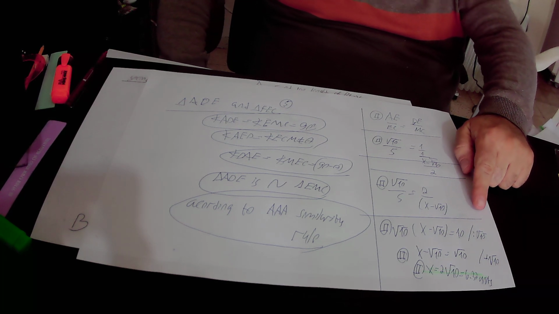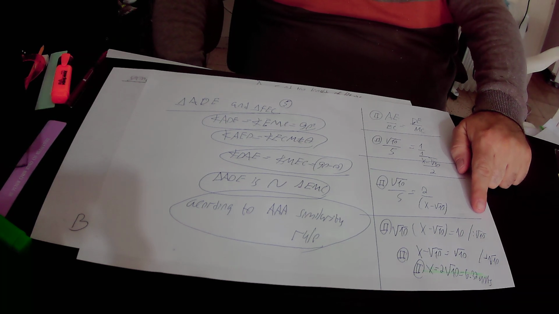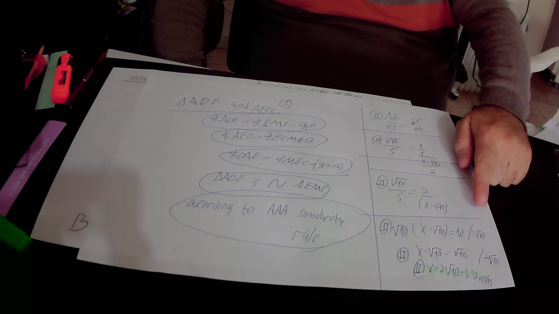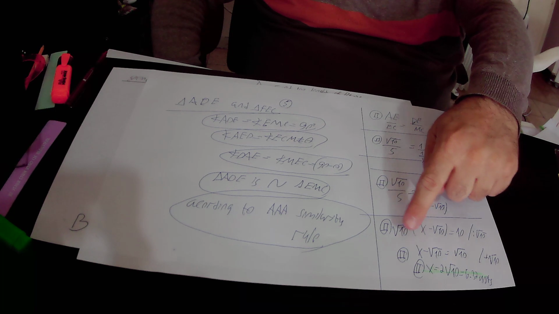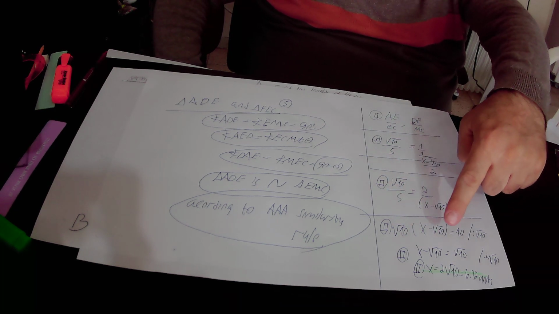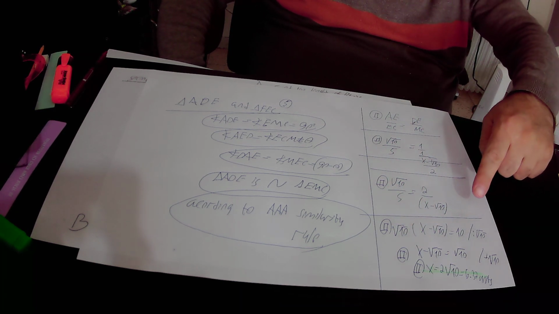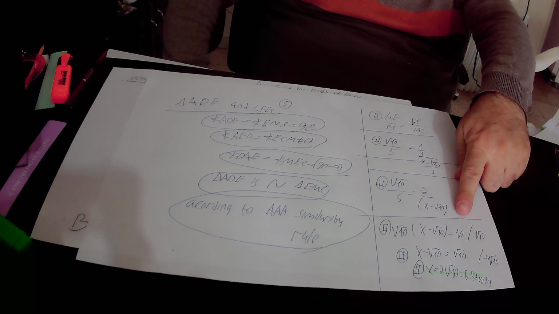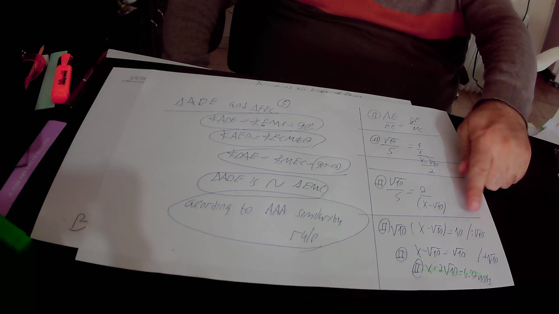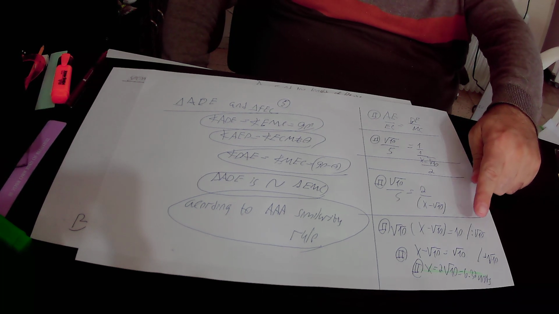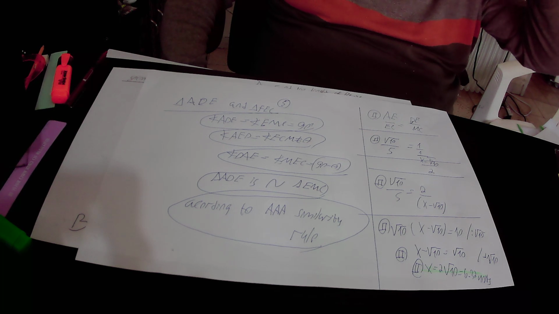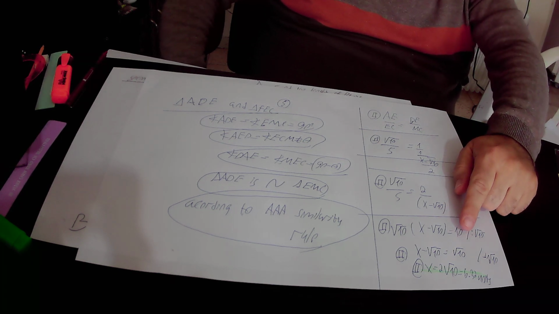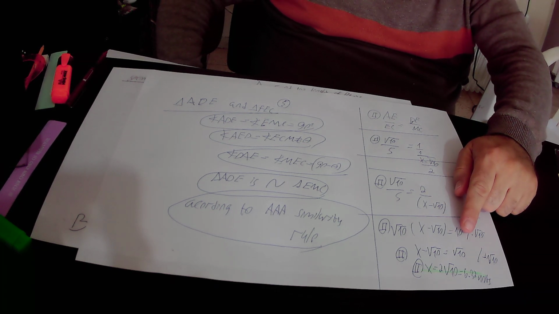We divided by square root of 10, so square root of 10 gets cancelled and we are left with x minus square root of 10. On the other side, 10 is square root of 10 times square root of 10, and divided by square root of 10 it gives us square root of 10. So x minus square root of 10 equals square root of 10.